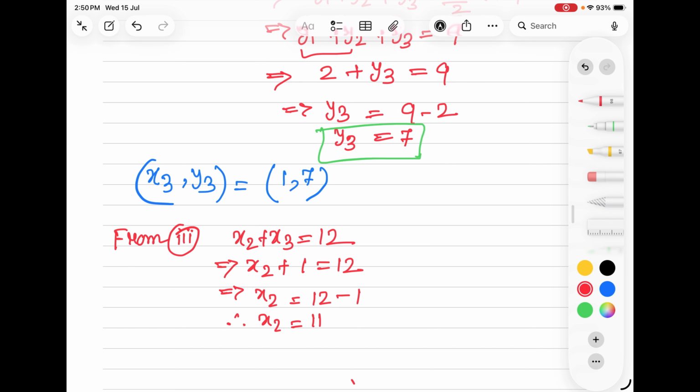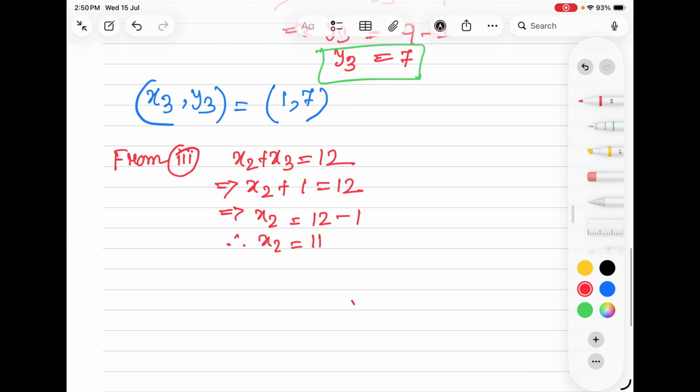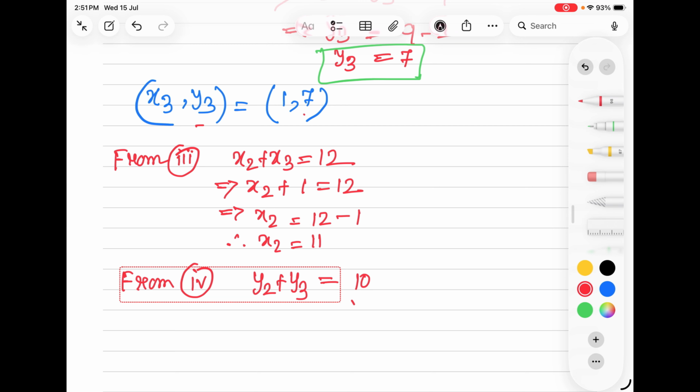And from equation number 4, y2 plus y3 equals 10. Why am I choosing this? Because if I substitute the value of y3, which we just got as 7, we get the y2 value. So y2 plus 7 equals 10.